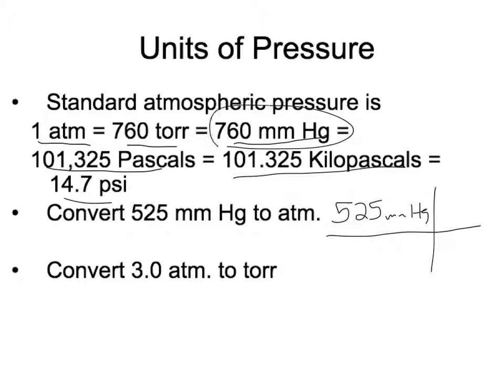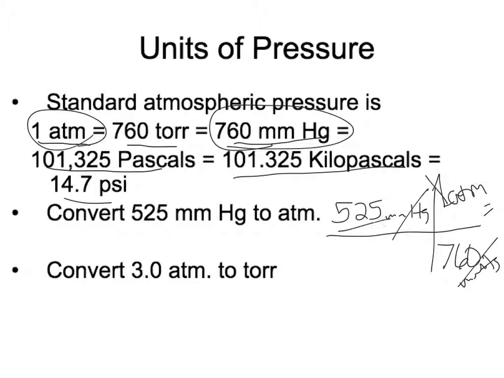We see 760 millimeters is an atmosphere. So I'm going to go 760 millimeters of mercury is 1 atmosphere, and to find atmospheres, the 1 goes on top. I'm going to go 525 divided by 760, and that will be my atmospheres of pressure.